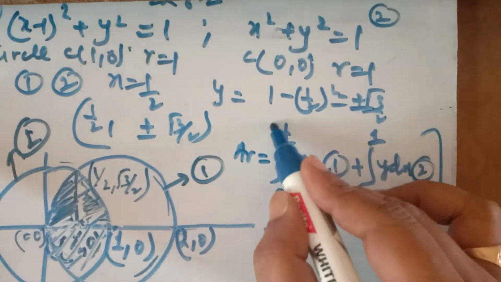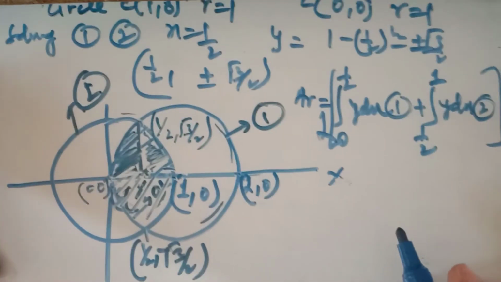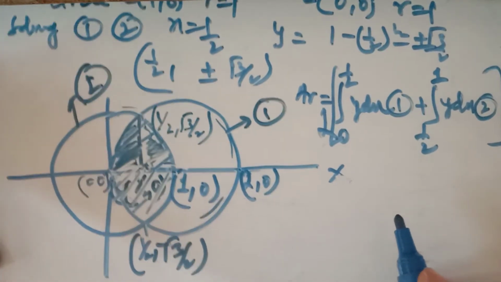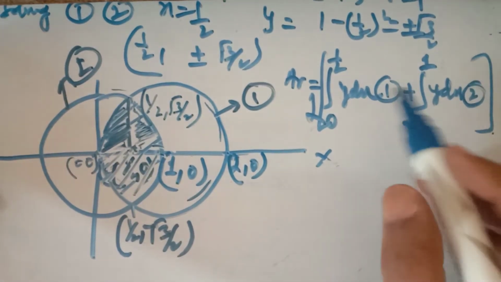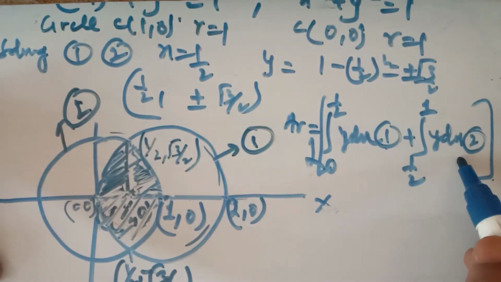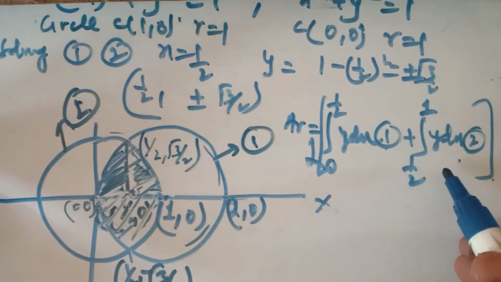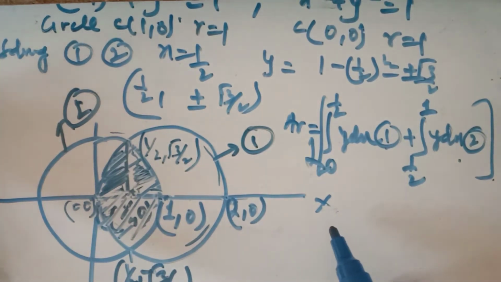And you have to make it twice because you have to find the area below the x-axis also. So this is the area you have to find. You put the value of y from the first and the value of y from the second. You will get the integral, upper limit minus lower limit. You will get the required area.